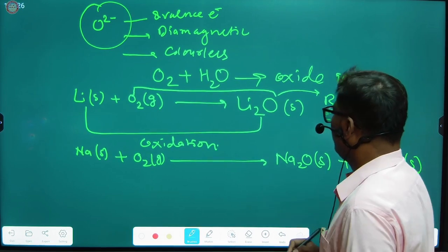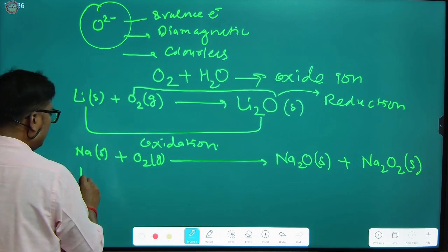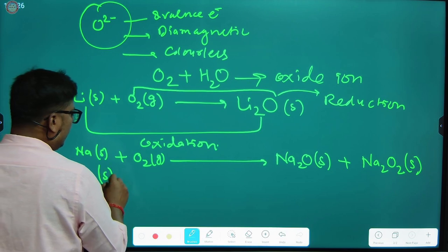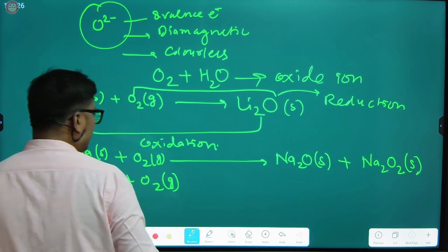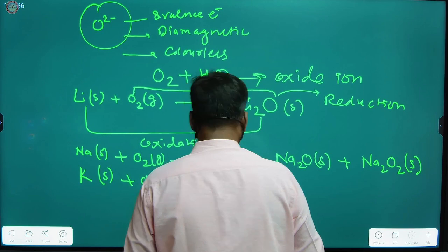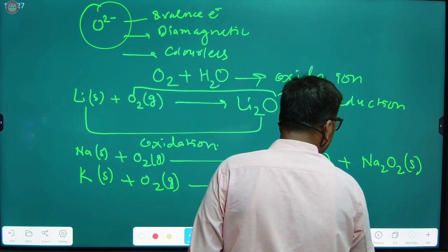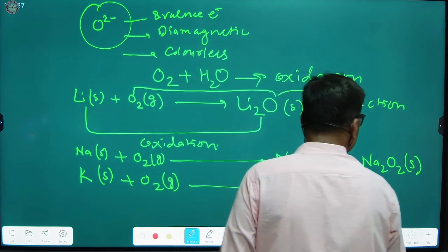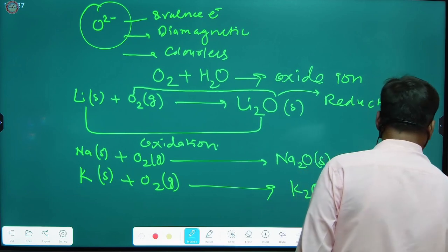Okay, and similar to potassium, in solid state will react with oxygen in gaseous phase. So then it also forms K2O in solid state, plus sometimes KO2, right?